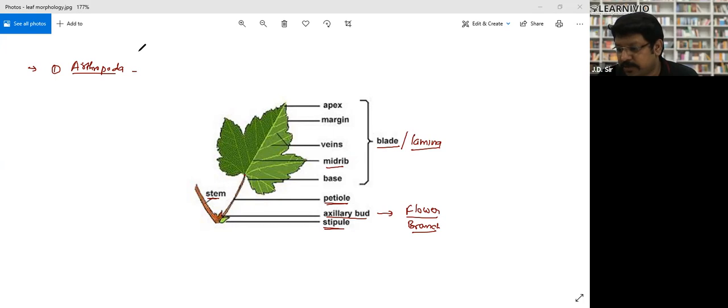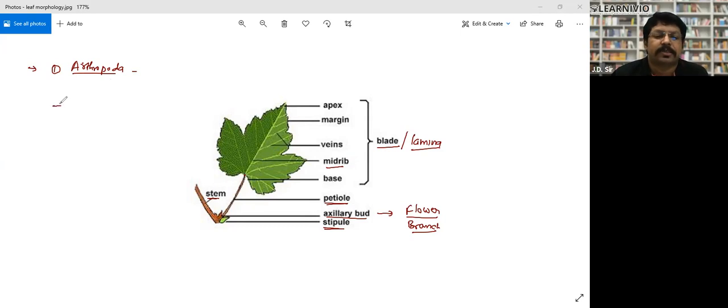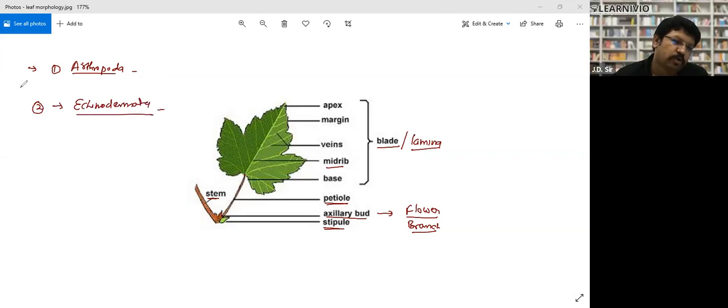Next question. What kind of sexes are found in Echinodermata? Separate sexes, bisexual or unisexual? Is it unisexual or bisexual?